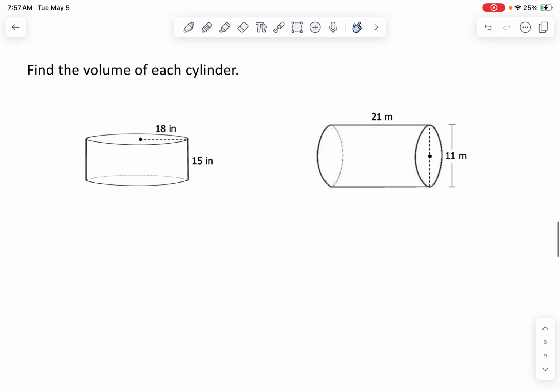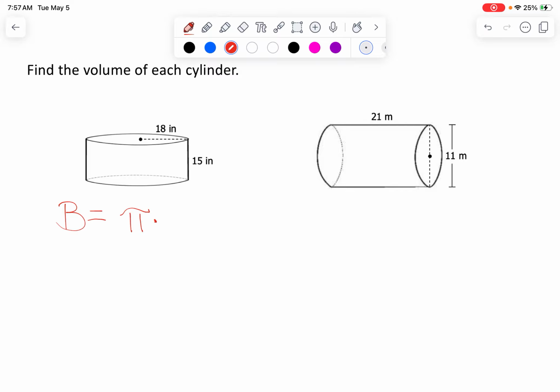All right, and cylinders are the same formula, the area of the base times the height. And remember, for a cylinder, the base is a circle, so pi r squared. So the base of this one would be pi times 18 squared, and that's going to give me 324 pi.